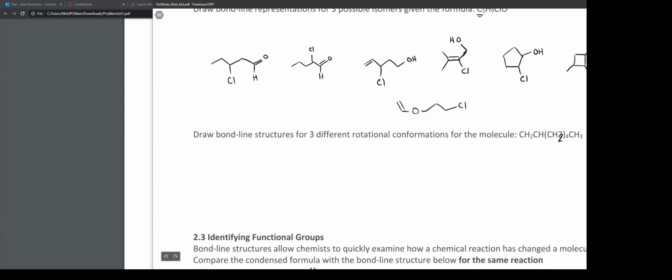Translation means same compound drawn different ways. So in other words, not isomers.